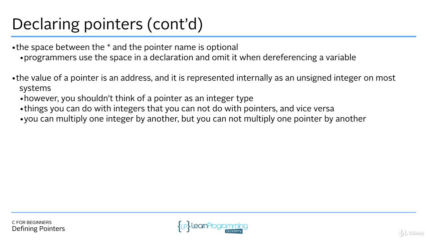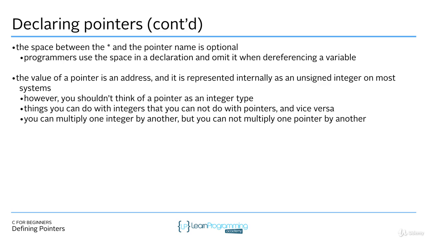The value of a pointer is an address, so it has to be represented internally as an unsigned integer on most systems. It still has to store something. It just so happens that it stores a hexadecimal number. Even though it looks like an integer, don't think of it as an integer type. The same things that you can do with integers, you can't necessarily do with pointers, and vice versa.